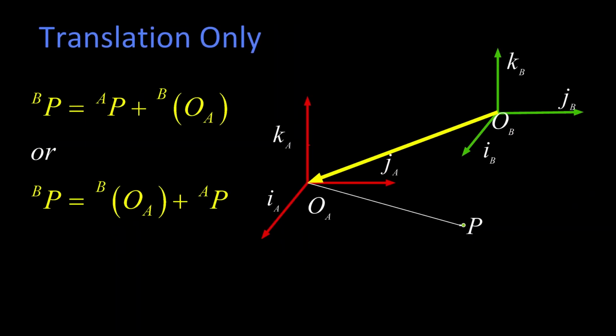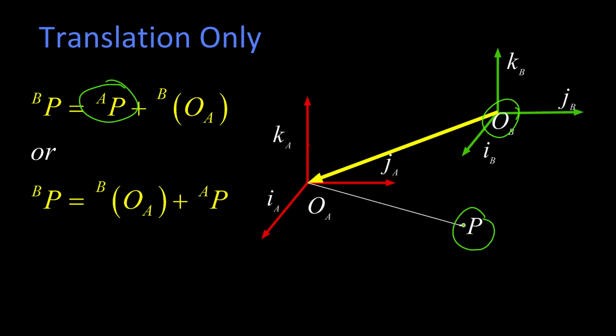Suppose I want to express the location of point P, whose value I might know in coordinate frame A, but I'd like to know where it is in terms of coordinate frame B. Well, that's just a translation.